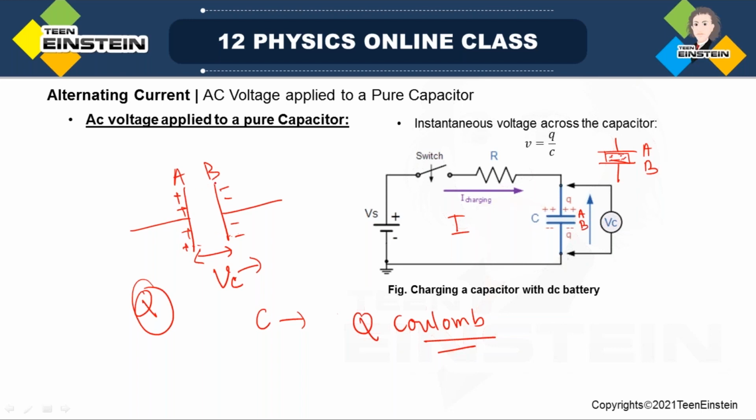And when this happens, this voltage also changes. Voltage across this, it will increase as your charge accumulated on the plates increases. This also increases. And after a time, maybe some hour or something like that, according to the capacity of the capacitor to hold charges.